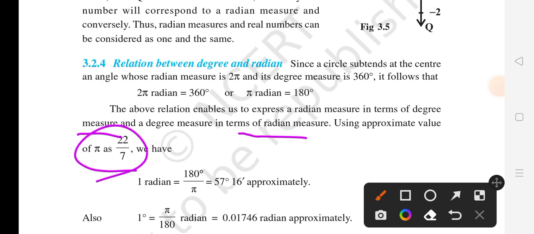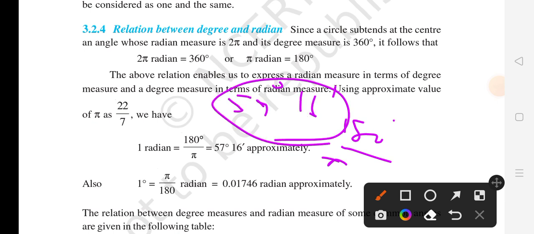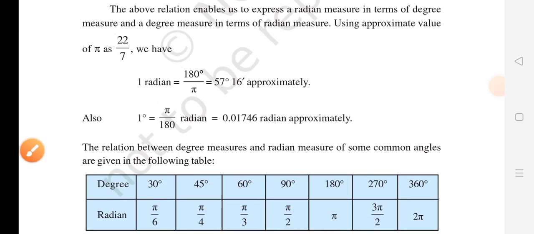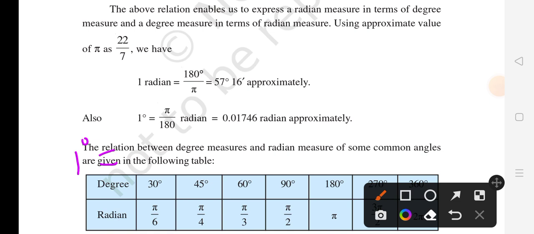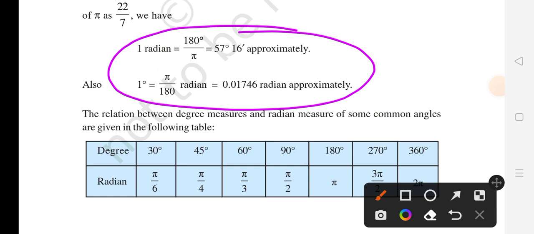The approximate value of pi is 22 upon 7. 1 radian equals 180 by pi, which is approximately 57 degree 16 minutes. And 1 degree equals pi by 180 radian, approximately 0.01746 radian. So always remember these approximate values: 1 radian equals 57 degree 16 minutes, and 1 degree equals pi by 180 radian, that is 0.01746.